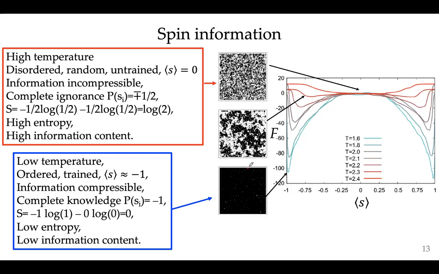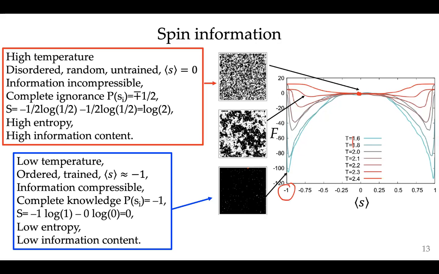Okay, so now we learned that these randomized high temperature configurations have a minimum at this point, and they have no magnetization. And for the cases where all the spins are down, that corresponds to some non-zero magnetization.